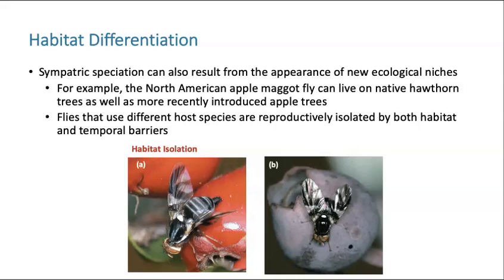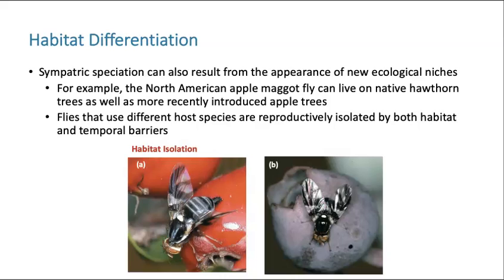So sympatric speciation can be the result of a new ecological niche forming. And I've defined ecological niche for you earlier. So the example that I'm going to step you through, I remember I talked to you about the fruit flies, some of which live on apples. They lay their eggs on apples, some of which lay their eggs on hawthorn fruits.